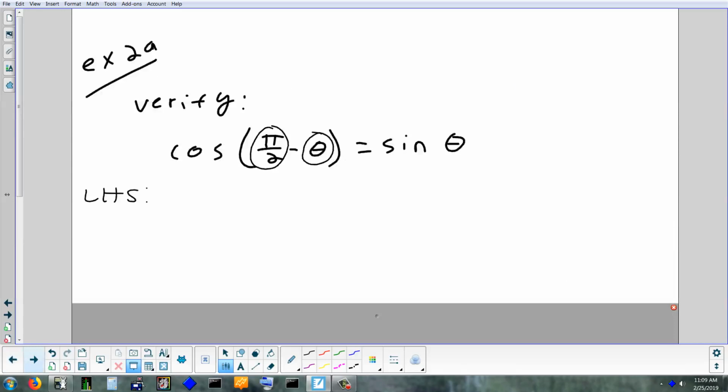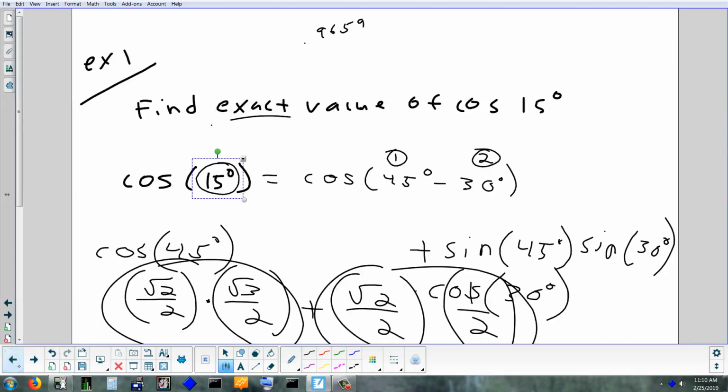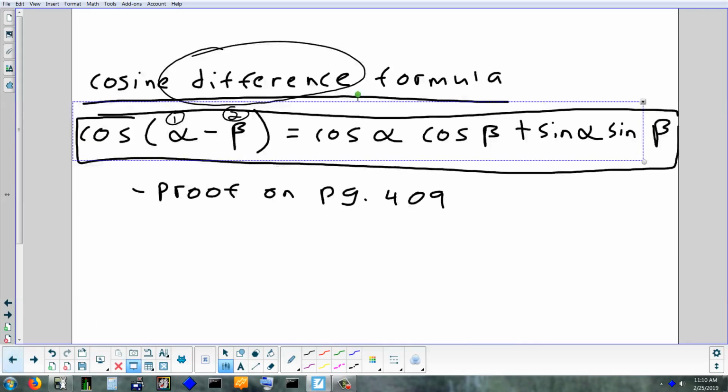How does the cosine difference formula start? What's the first thing you write? Yeah? Cosine of pi over 2. Cosine of pi over 2, yeah. So, cosine of the first, cosine of the second.